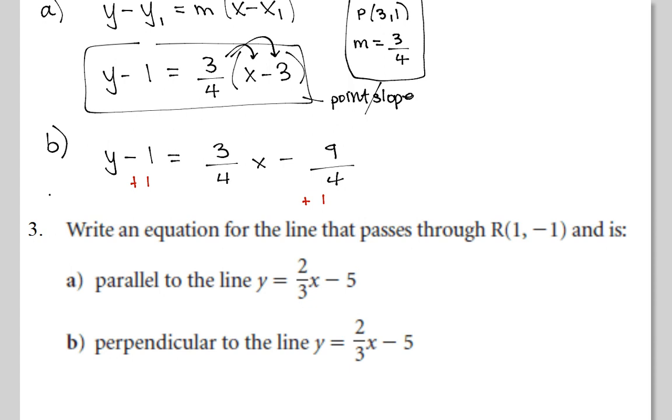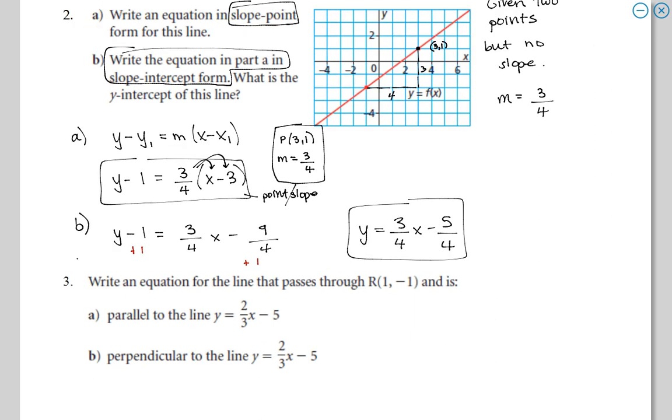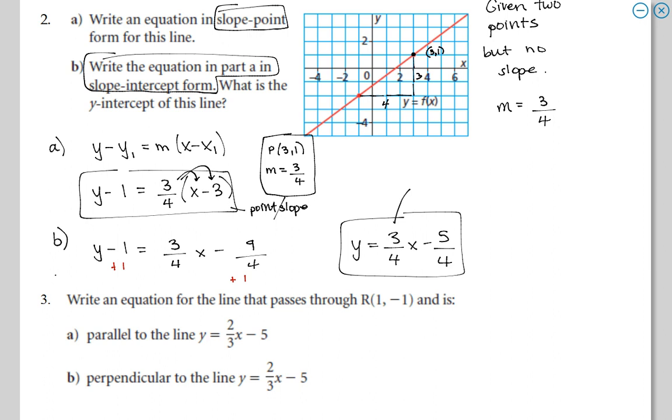So final answer, y equals 3/4 x minus 5/4. So 3/4 is the slope. We already knew that. Doesn't really give us any new information.